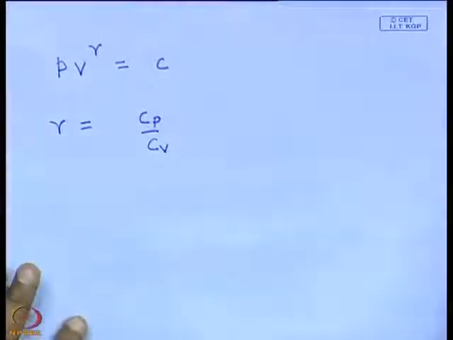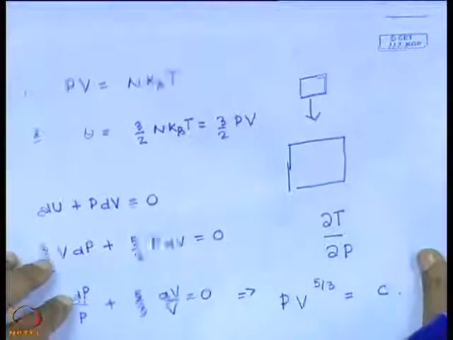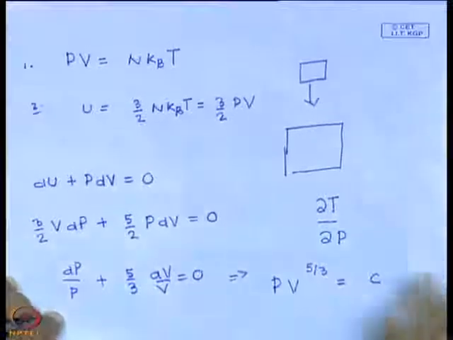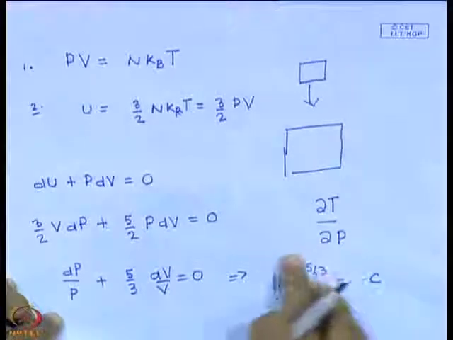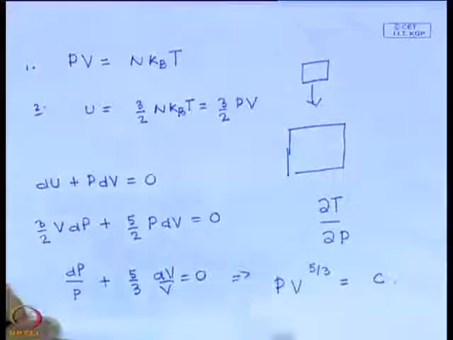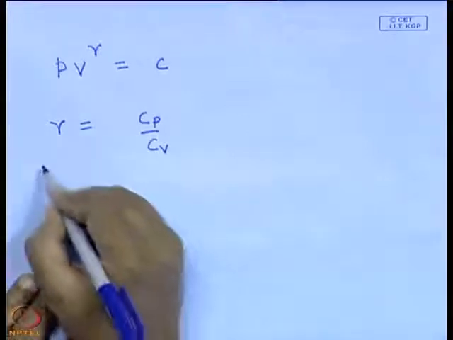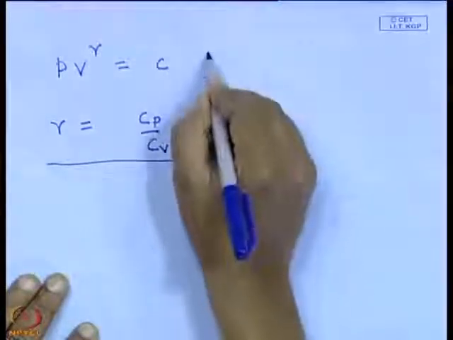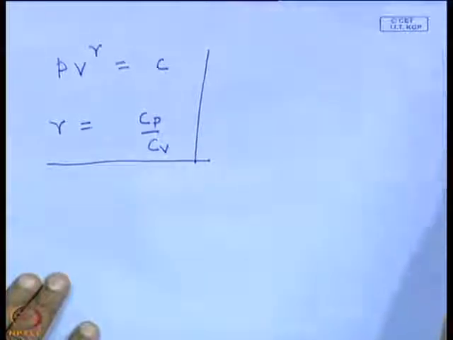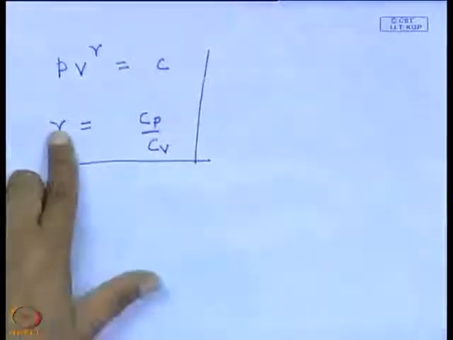And for an ideal gas, we have this, a monoatomic ideal gas, single particles. This is in general for a general adiabatic transformation, and this is called the adiabatic index gamma.